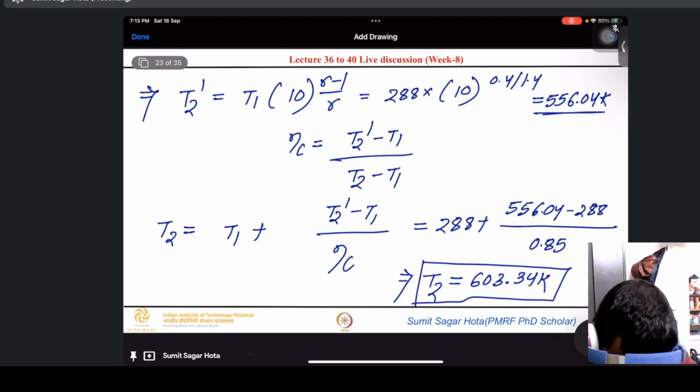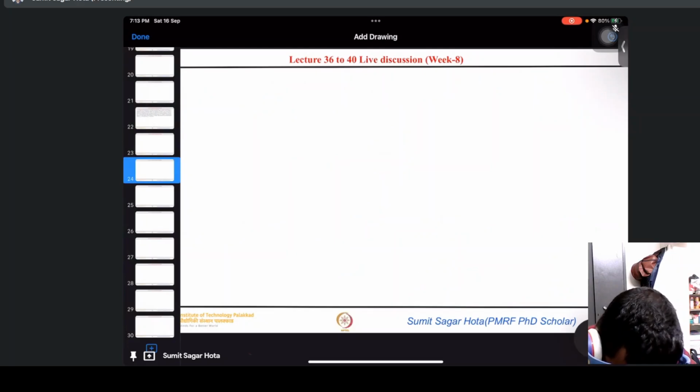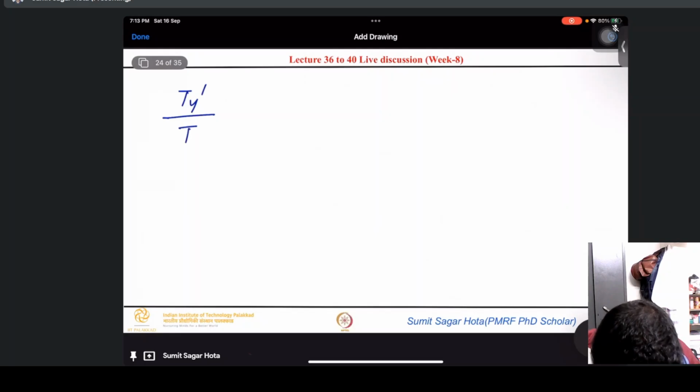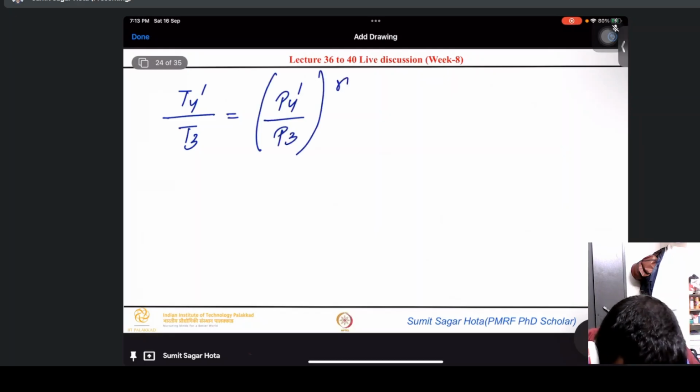Okay, so T4 now you have to find out. Okay, now what do you know? T4 dash divided by T3 is equal to P4 dash divided by P3 to the power gamma minus 1 by gamma.